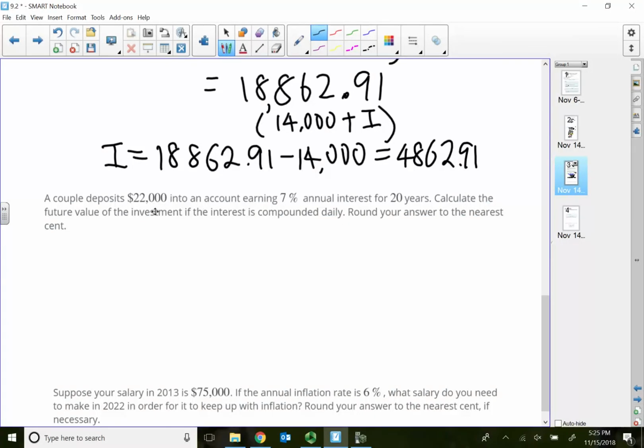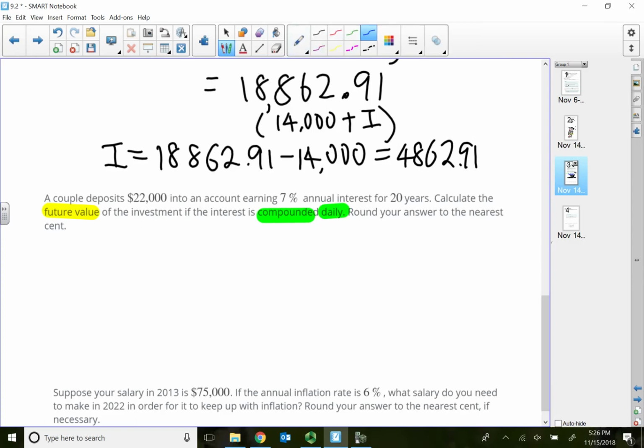All right, this one is the same thing. A couple deposits $22,000 into this account, earning 7%. They're going to put this money away for the next 20 years. Calculate the future value. This problem is asking for the future value, meaning how much money will be in the account after 20 years. The problem says we're going to compound, and when you see that word compound, you use the compound interest formula.